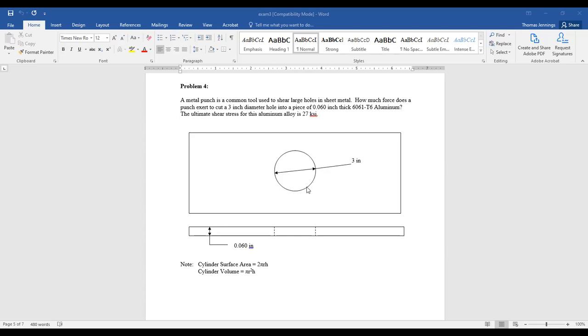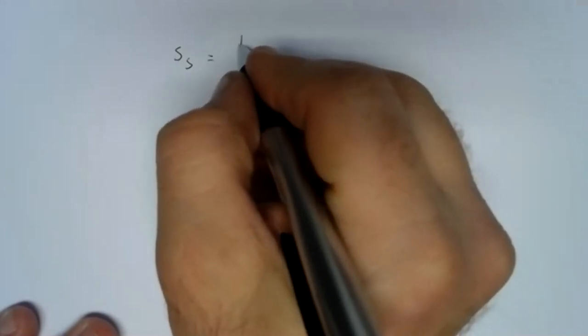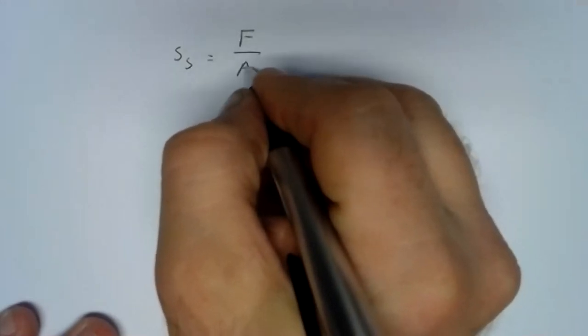So here they tell us we're dealing with a diameter. All this material in between these dashed lines, the hidden lines that are shown here, all that material in between is what was resisting being punched through. So shear stress, go back over to the display here, shear stress is force applied divided by area.